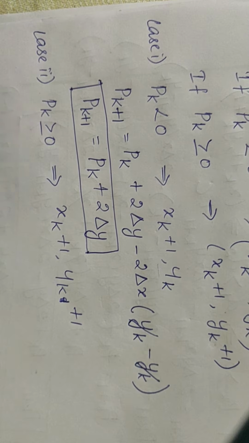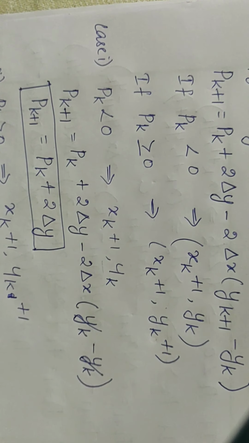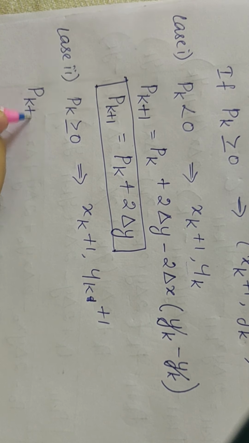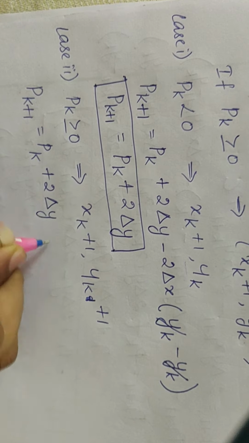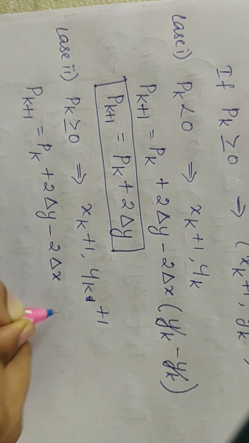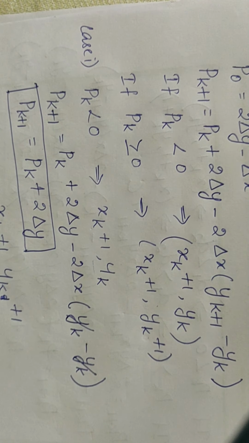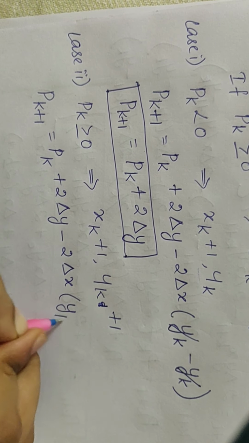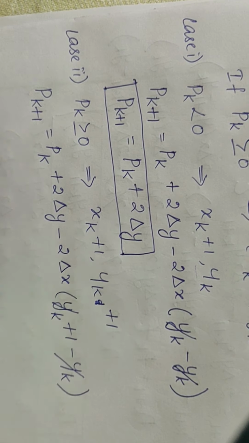In this case, the next decision parameter needs substitution: pk plus 1 is equal to pk plus 2 delta y minus 2 delta x (yk plus 1 minus yk). In place of yk plus 1, the next value of y is yk plus 1, so yk plus 1 minus yk, and these two get cancelled.